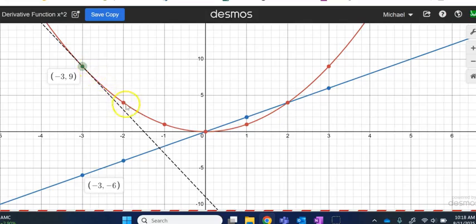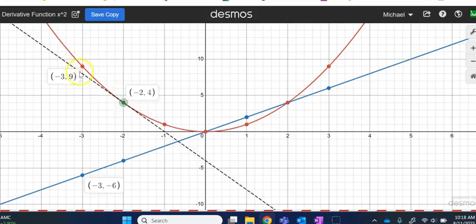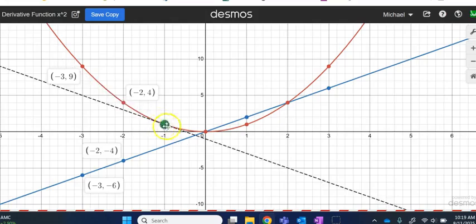But as you progress through this, if you go to the next point, let's drag over there. Notice the slope changes. It's not as steep. Now at x is -2, the function value is 4, but what's the slope of the tangent line? It happens to be -4. So it was -6, now it's -4. And as we progress, you can go to this next point, it's not as steep, it's less negative. And finally, when we get to x is 0, the tangent line is completely horizontal.